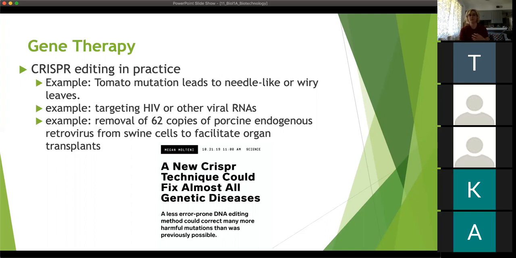So there have been a few examples of using CRISPR in practice. One, in tomato plants, there's a mutation that leads to thin, like needle-like leaves. And when we talk about photosynthesis, we'll learn why that's bad. But basically, in order for plants to function, they need to acquire sunlight. They acquire sunlight using their leaves.